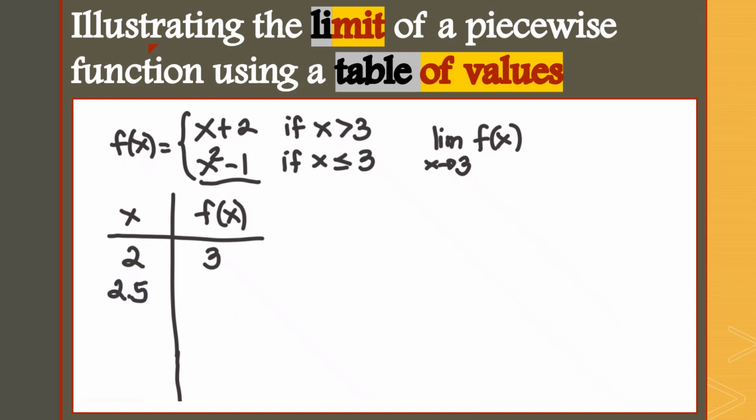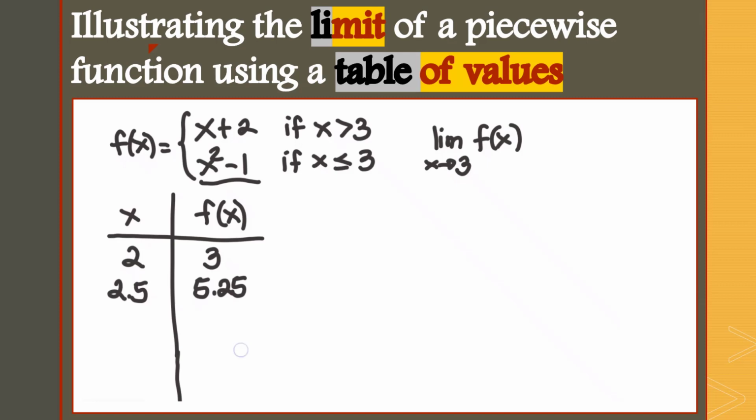Since this value is still less than 3, we're still going to use x squared minus 1. The square of 2.5 is 6.25. You may use your calculators if you would like to. Then subtract 1, and you will have 5.25.